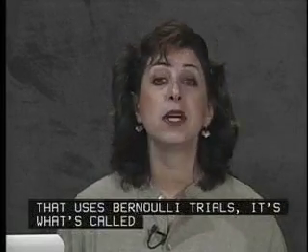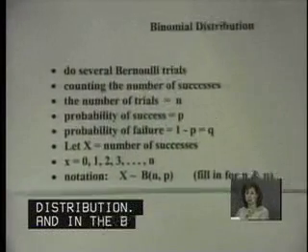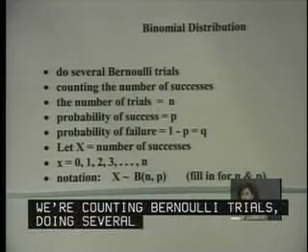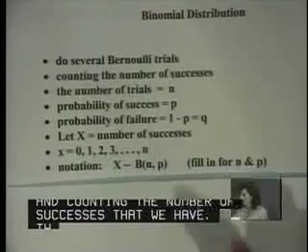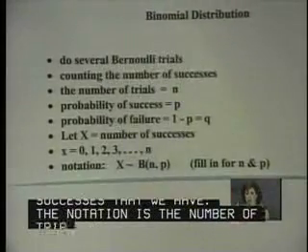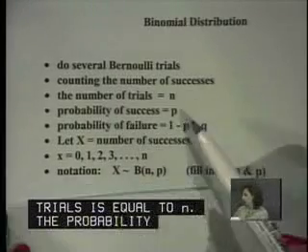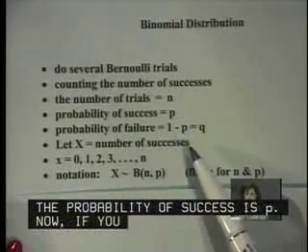Now, one specific distribution that uses Bernoulli trials is what's called the binomial distribution. And in the binomial distribution, we're counting Bernoulli trials. We're doing several Bernoulli trials, and we're counting the number of successes that we have. The notation is the number of trials is equal to n. The probability of success is p. Now, if you don't succeed, you could fail.